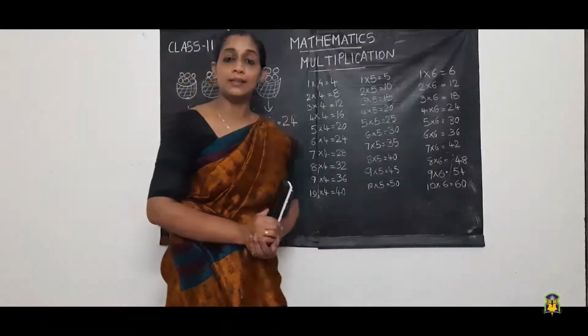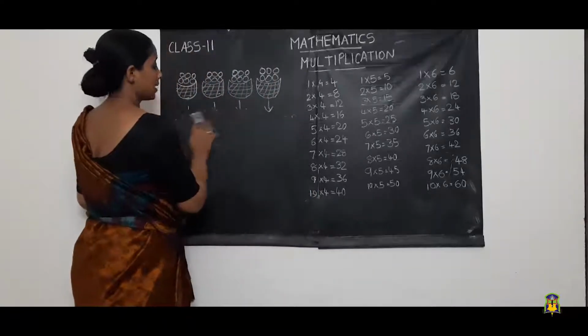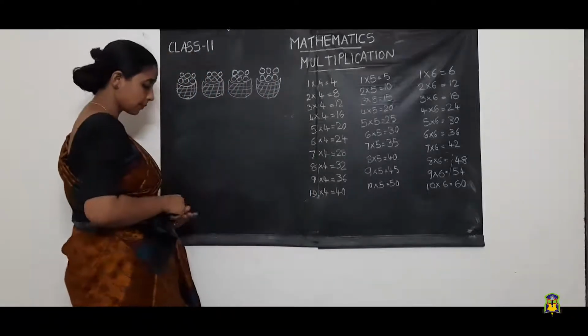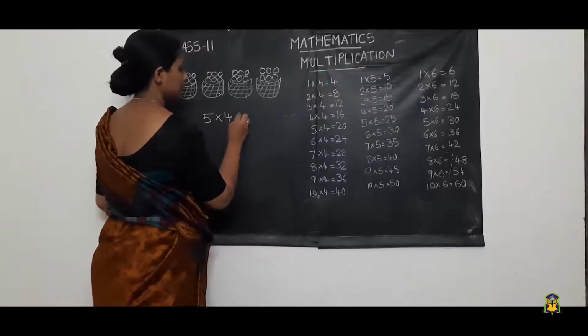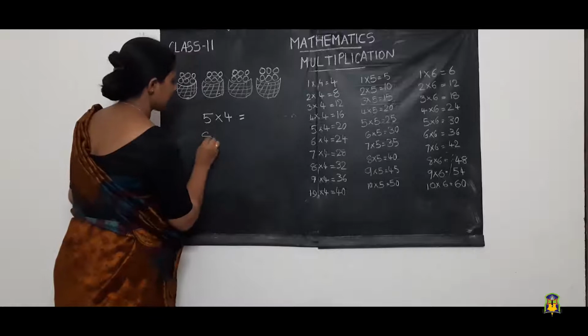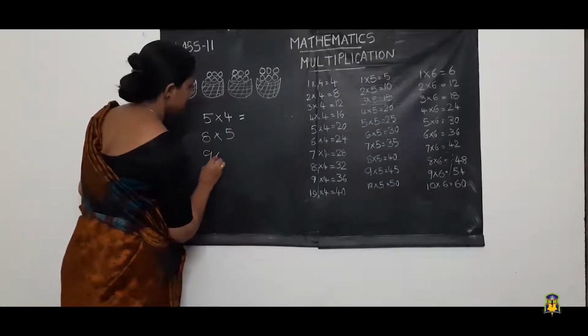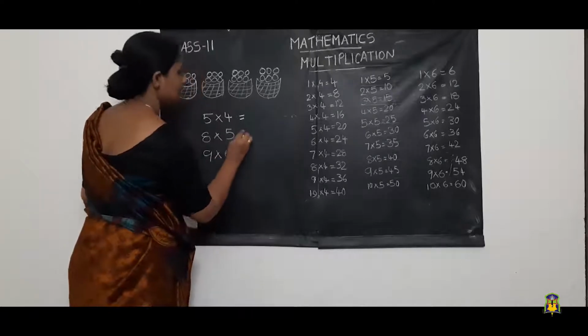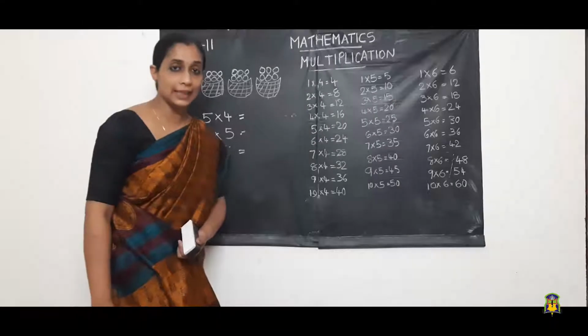Children, you have to learn the table very well. If I ask a question like this, what is 5 times 4 or 8 times 5, 9 times 6. If I ask like this, you should be able to tell the answer quickly.